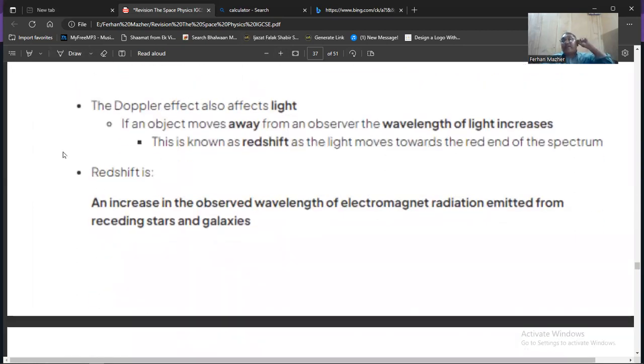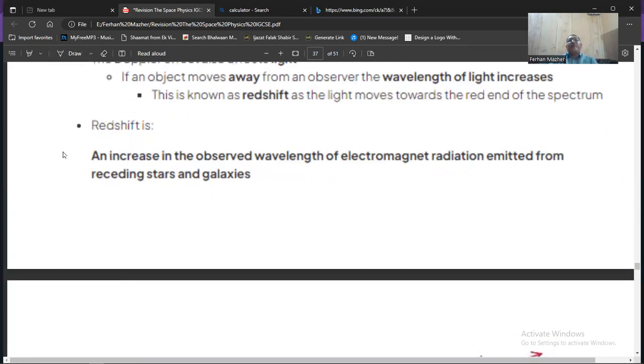The Doppler effect also affects light. If an object moves away from an observer, the wavelength of the light increases. It is known as redshift as the light moves towards the red end of the spectrum. Redshift is an increase in the observed wavelength of electromagnetic radiation emitted from receding stars and galaxies.